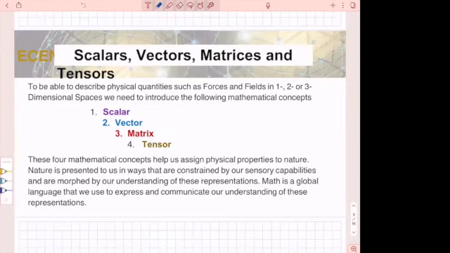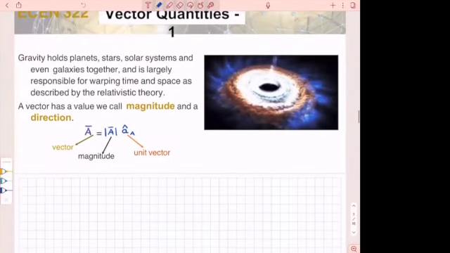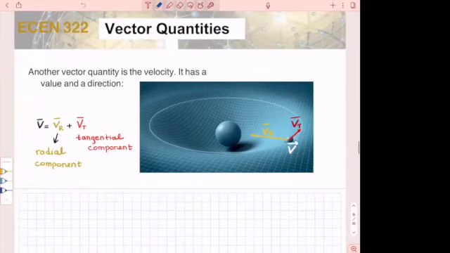We may represent them in different ways. Okay, so a matrix is like you have multiple variables that characterize that entity. And then we have tensors, and let me in fact also show you scalar quantities here, vector quantities are here. You will see them in my notes, all right?